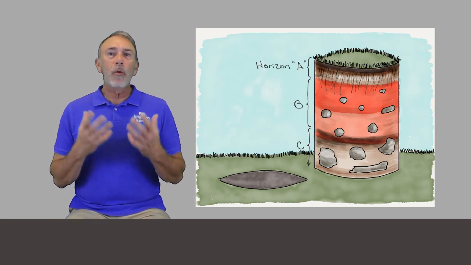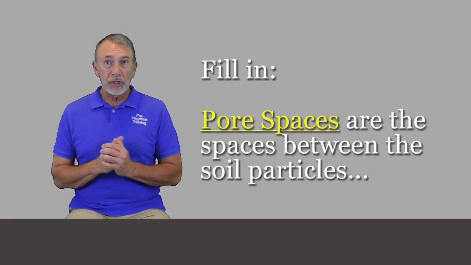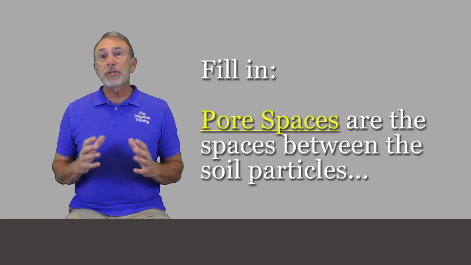And really, if you think about what percolation refers to, it's that kind of bubbling up effect. And really what's bubbling up is the air kind of coming up out of the ground as the water soaks down and displaces the air so that water can get down into the pore spaces. And what the pore spaces are is those spaces in the ground that aren't occupied with something else other than air.